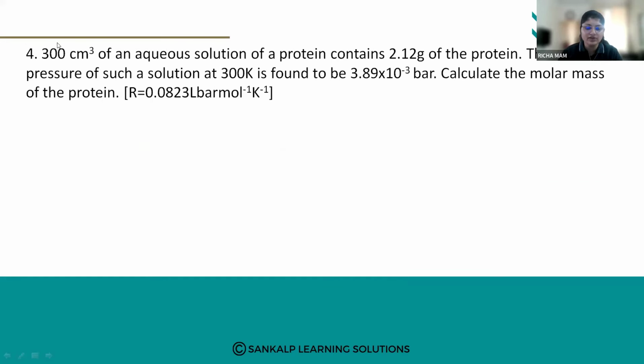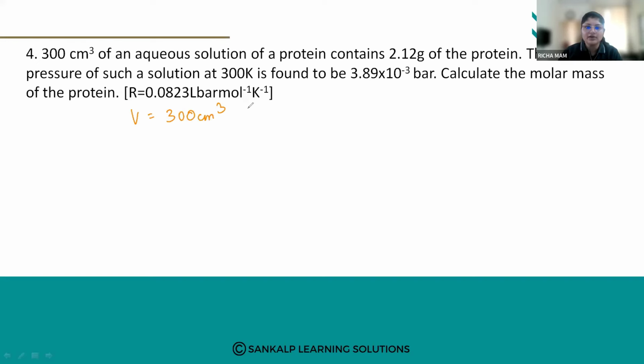Okay, we'll go for the next question, the fourth one. 300 centimeter cube of an aqueous solution of a protein contains 2.12 grams of protein. The osmotic pressure of such a solution at 300 Kelvin is found to be 3.89 into 10 raised to minus 3 bar. Calculate the molar mass of the protein. So gas constant is given. So what all is given? Volume is 300 centimeter cube.